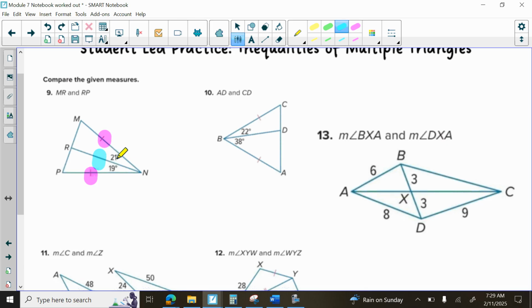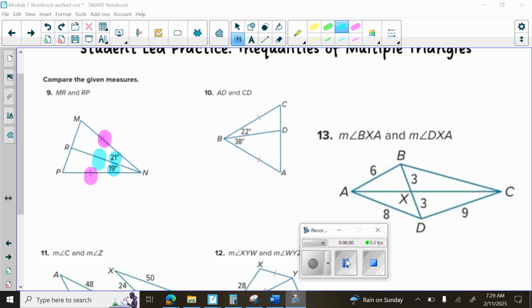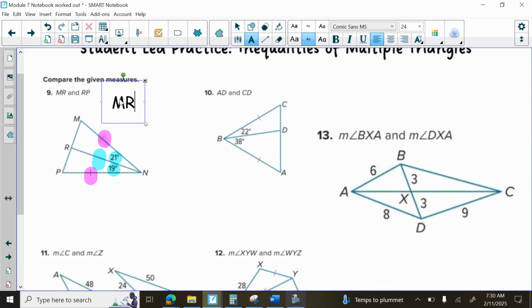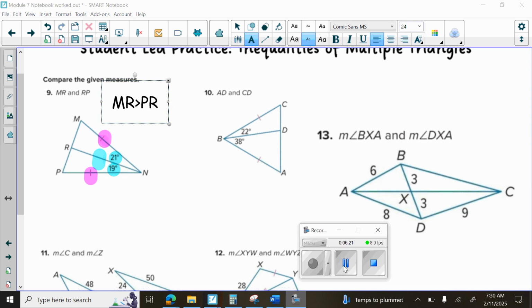MR is going to be bigger because 21 is bigger than 19. All right, any questions? Can you guys do number 10? I didn't write the answer, but the answer would be MR is greater than PR. All right, so I want you guys to try.